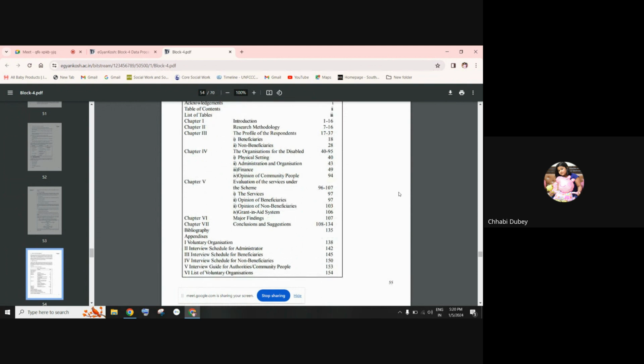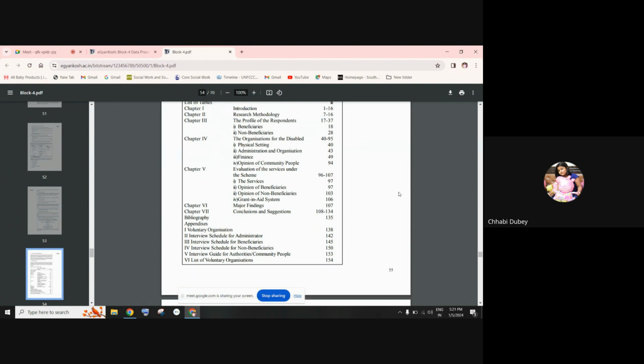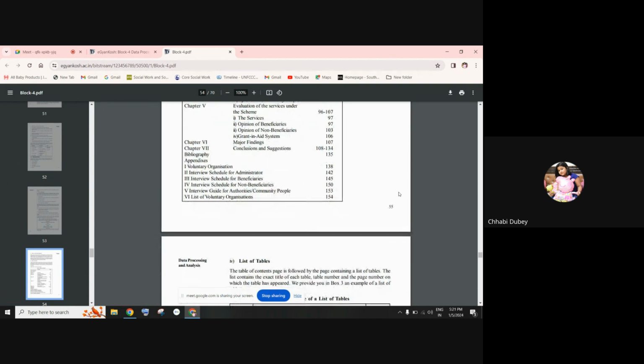And they will always have the page number against every one of the different chapters. So whenever you're writing the table of contents, you also have to include the page numbers from which that particular part of the research is covered. So the different chapters along with their page numbers would be written like this.